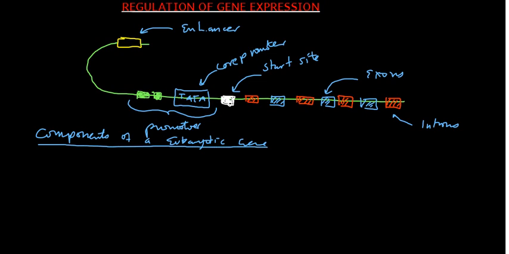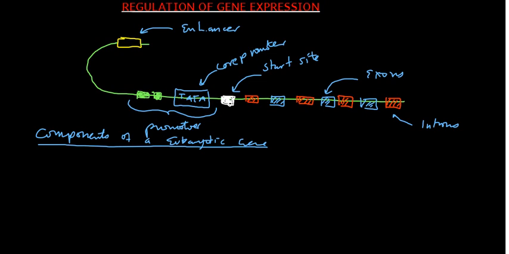When you are talking about a eukaryotic gene, of course we have already seen what a gene is. It's simply a segment of a chromosome that codes for a protein. So we are now talking about components of a eukaryotic gene, just these things we are able to see here.